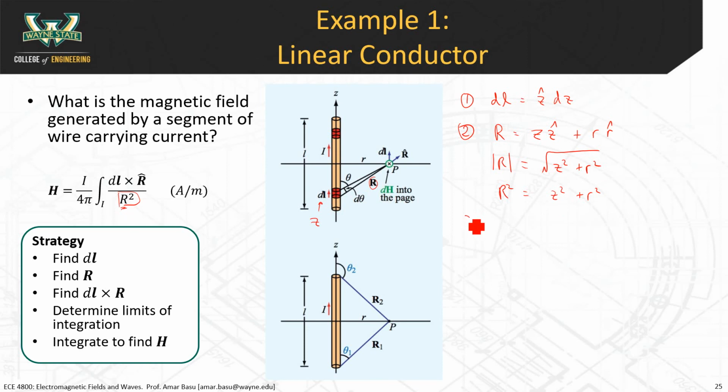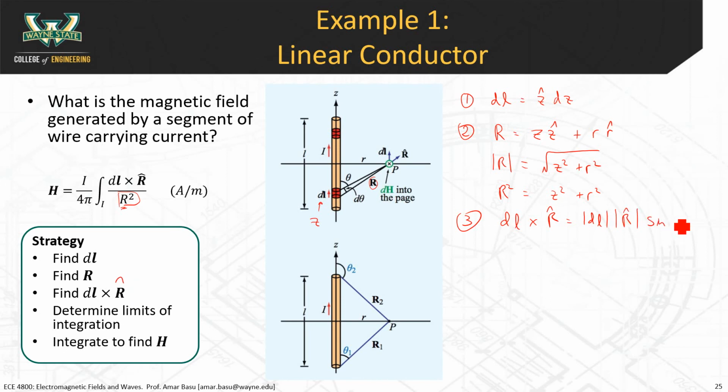The third step here is that we have to now look at dl cross r. This is equal to the magnitude of dl times the magnitude of r. Oh, I'm sorry, it's dl cross with r hat. There we go.